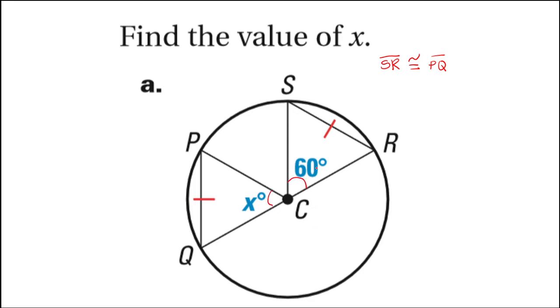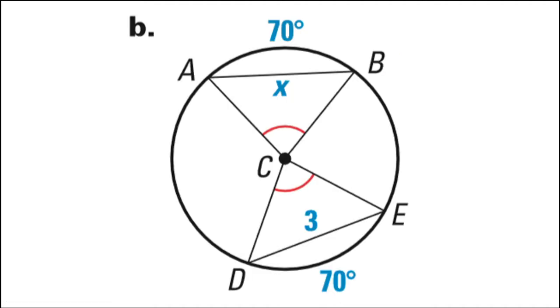So, if this is 60, what is the measurement of central angle PCQ? That means angle SCR is congruent to angle PCQ. Bakit sila congruent? Kasi ang kanilang chords ay congruent. So, yung sukat din ng central angle nila, pareho din. So, what is the value of x? 60 degrees din. So, yun ang ibig sabihin ng mga theorems natin kanina.